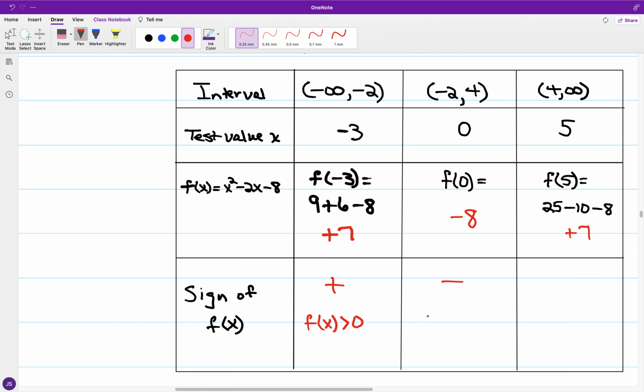Next we have a negative, so f of x is less than 0, and for the last we have a positive, so f of x is greater than 0.